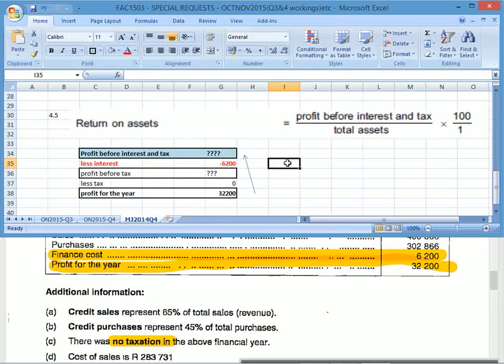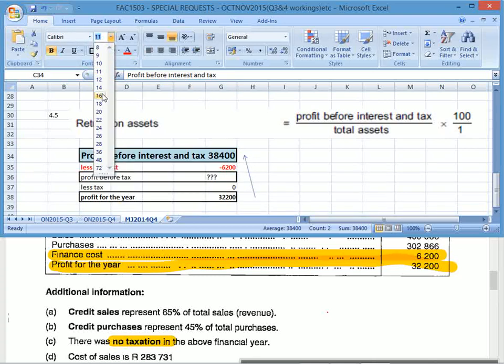I add, because the amount that I start with must be bigger than the amount that I end with. Does that make sense? Okay, so this amount will be this plus that. That's what you're going to start with. Right, because on your calculators, if you take 38,400 and you subtract 6,200, what do you get?